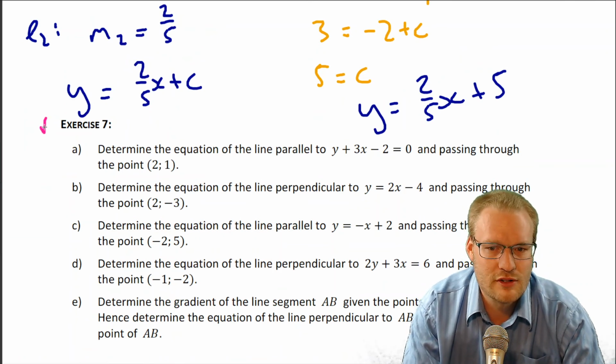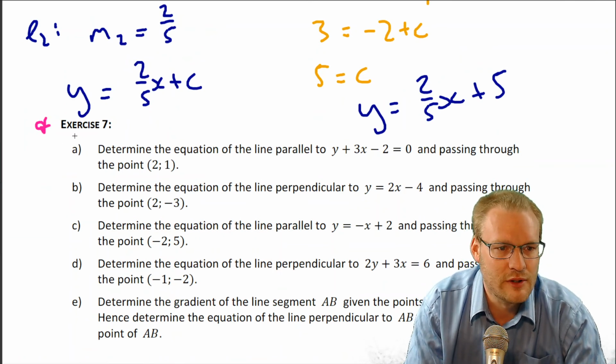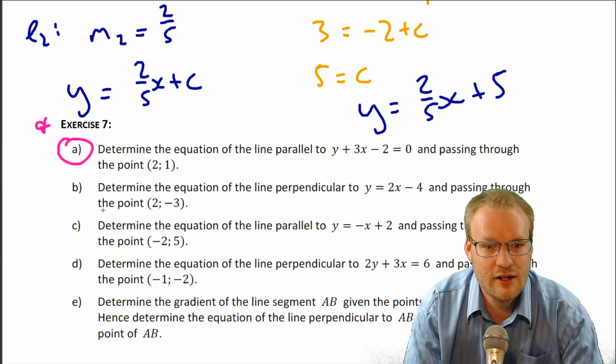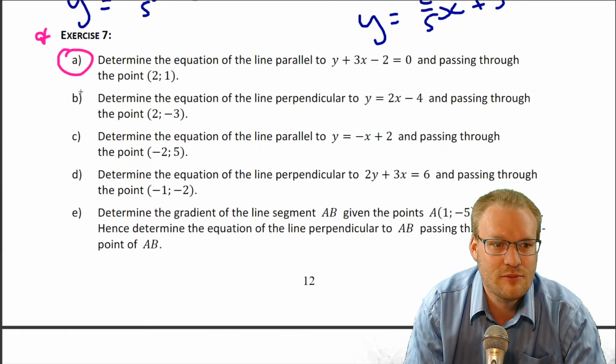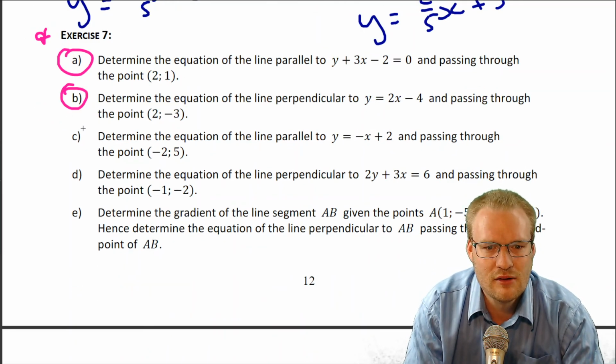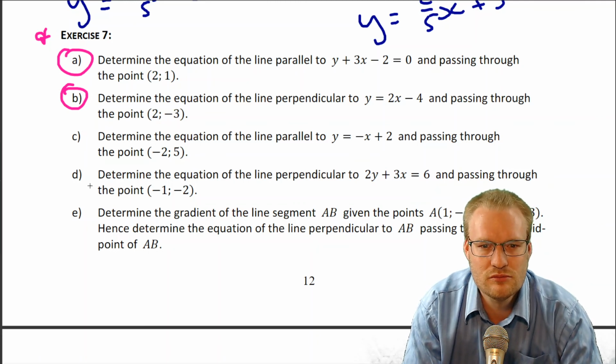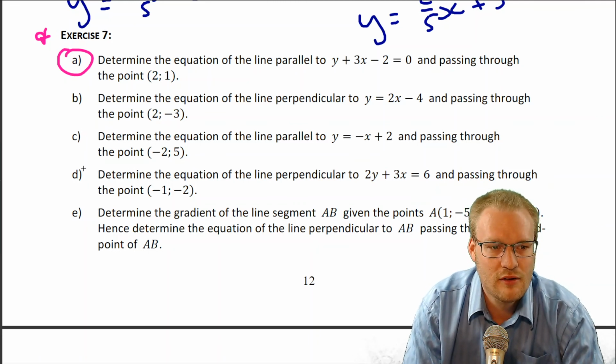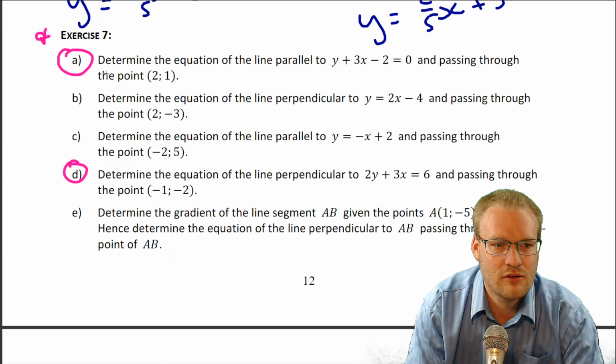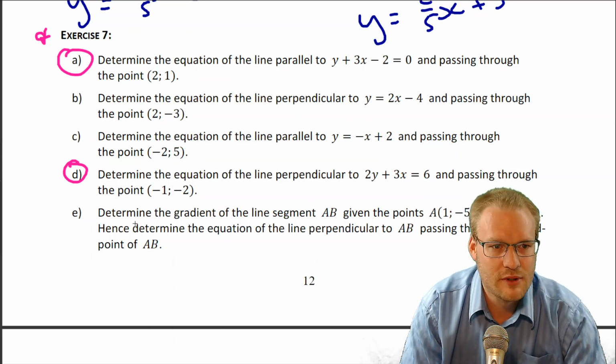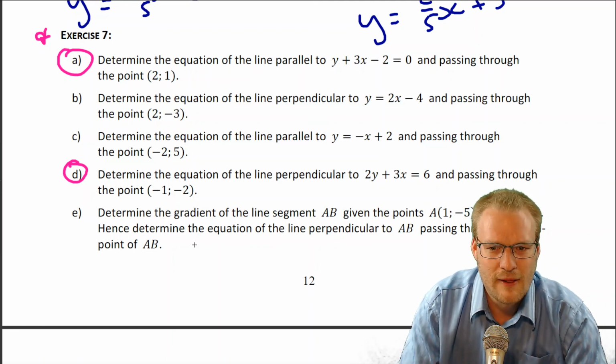We want to do some from exercise 7. So we got one that's parallel, one that is perpendicular, and no, sorry. I wanted to do parallel, yes. Perpendicular, where you've got a little bit of work to do. That was the idea, sorry.